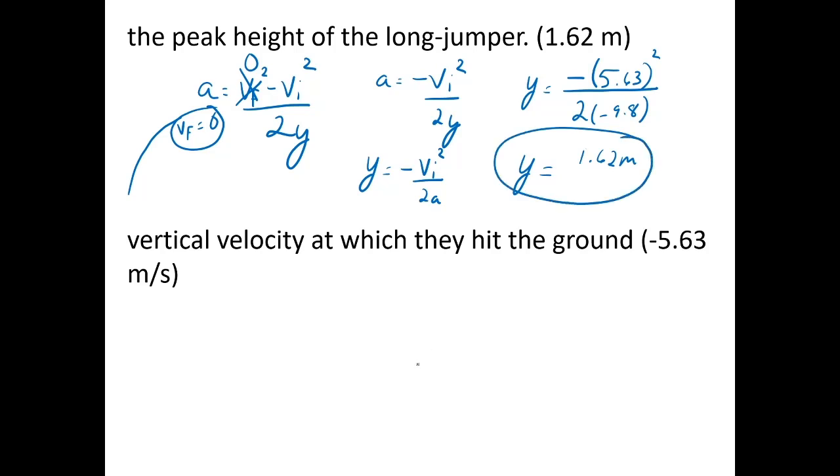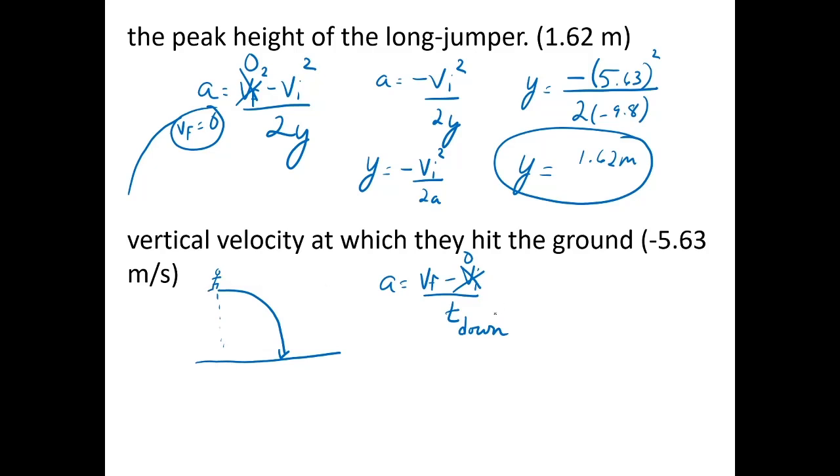Now the vertical velocity when they hit the ground. Let's think about that. They're coming back down. And maybe we'll just use the definition of acceleration. So acceleration is v final minus v initial over time, but it'll only be the time down. In this case, the initial y speed is 0. Here's the person at the tippy top.